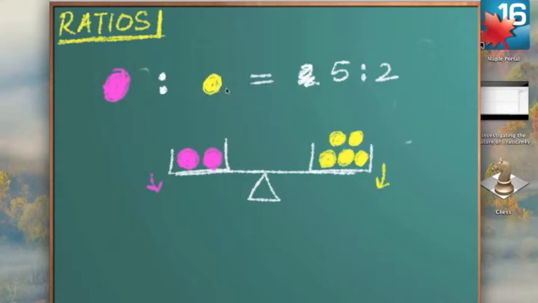In other words, if you took 5 of these tennis balls and 2 of these cricket balls, the 2 weights would be exactly the same, or the mass if you'd like.